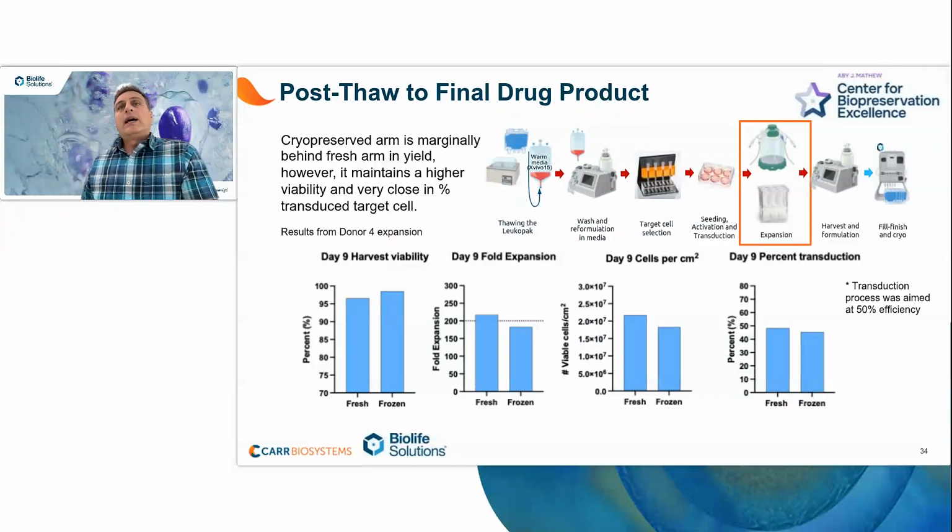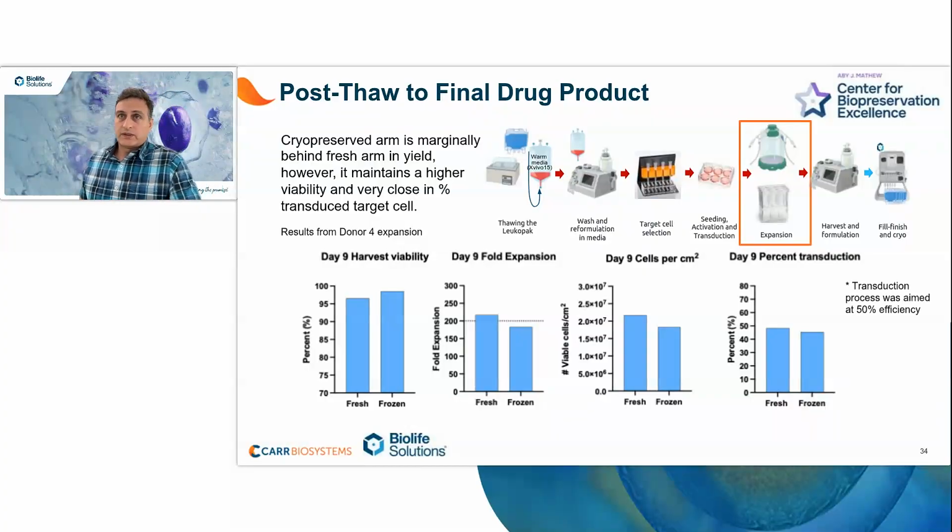In terms of whether cryopreserved product takes a hit in terms of transduction efficiency, we can see that they are very similar. The cells that were frozen were transduced on par, very close to the same level to the fresh product.